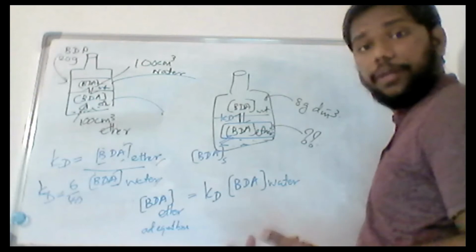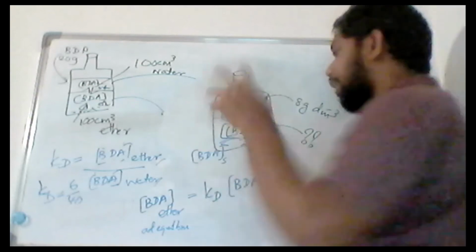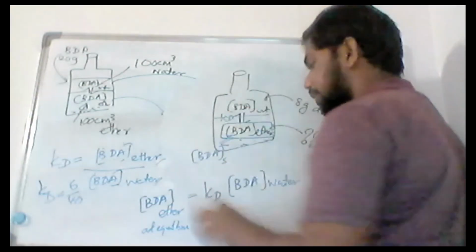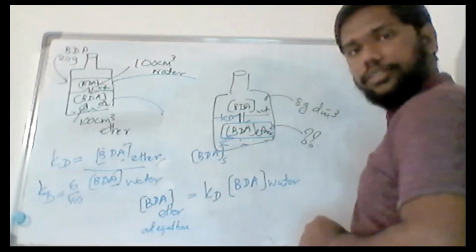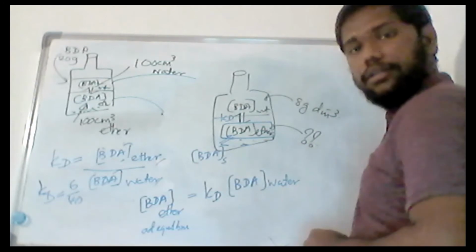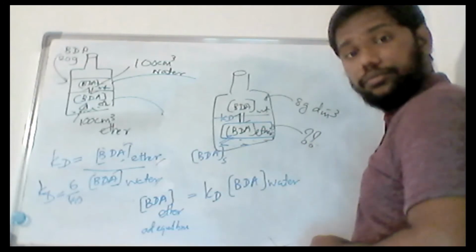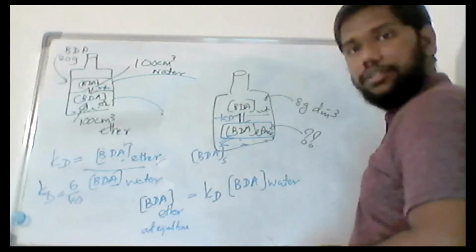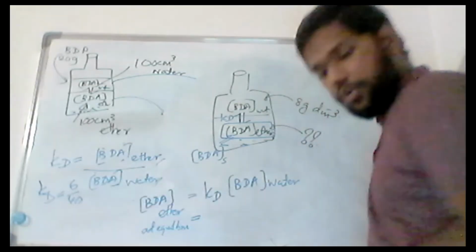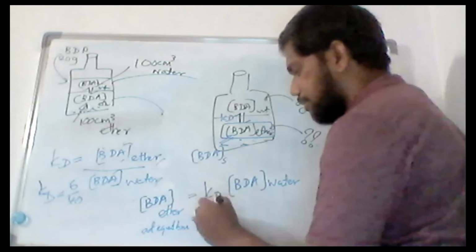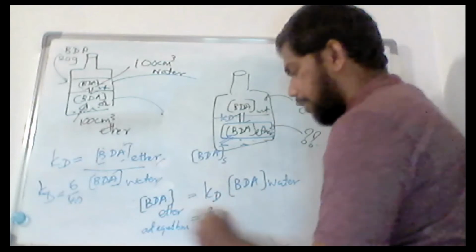Okay, so try to get my point. So you can write down this BDA ether concentration as Kd times BDA in water, right? So this is straightforward. You know the Kd value already. This is 6/40, or I can write it as 3/20.